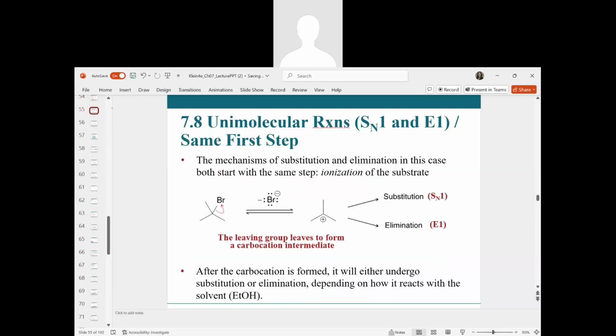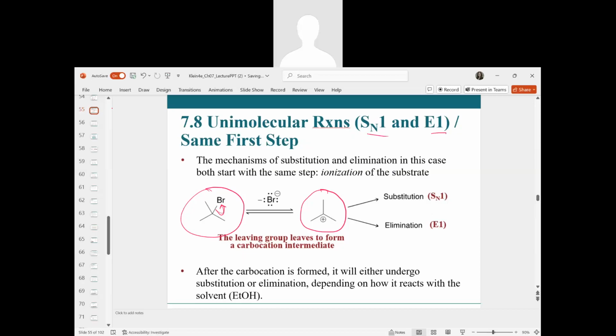So let's take a look at what that first step is when we have both SN1 and E1 reactions. We have our tertiary alkyl halide here, and step 1 is the leaving group leaves, and we form this carbocation intermediate. This is the first step in what we'll refer to as a two-step mechanism.